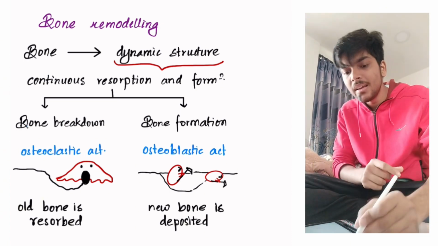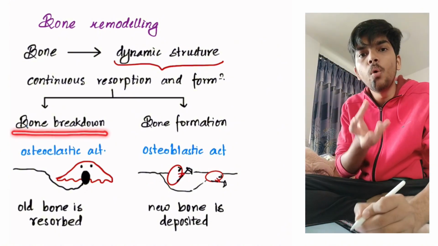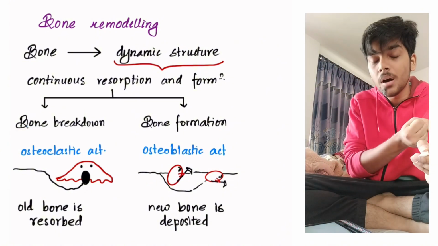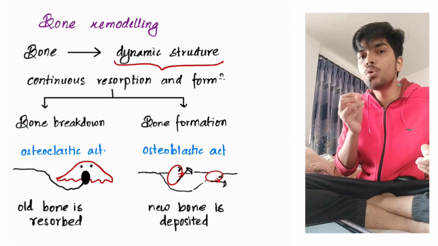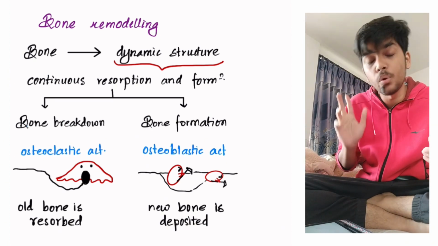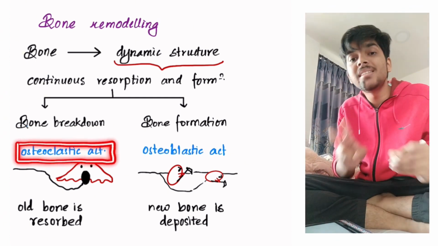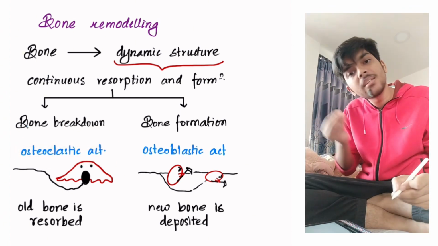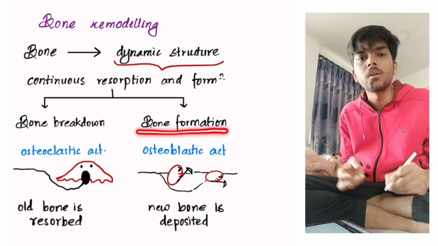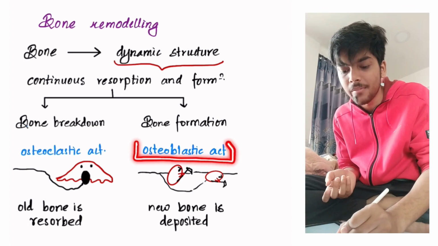The first part is breakdown of the bone, or bone breakdown, where the old bone gets broken down or resorbed, and this is brought about by osteoclast cells, which are the macrophages of your bone, so called osteoclastic activity. And the second part is the formation of new bone, which is brought about by osteoblast cells, so called osteoblastic activity.